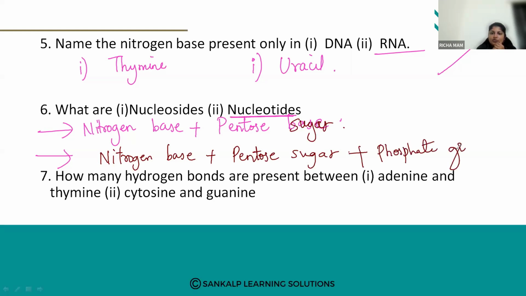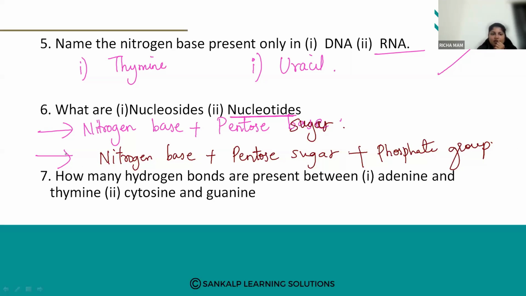So nucleosides are the combination of nitrogen base and pentose sugar, and nucleotides are the molecule consisting of nitrogen base, pentose sugar, and phosphate group.